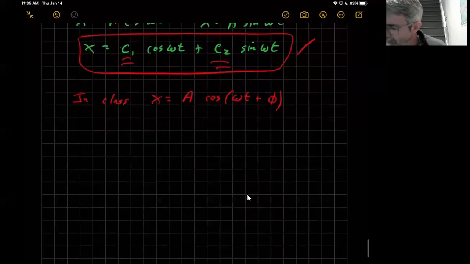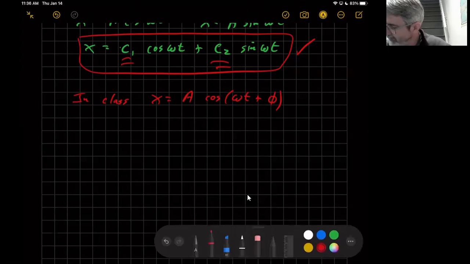Okay, so I'm proposing that what I have boxed in is a solution for an oscillating spring that can work in any case. So let's start with a quantitative example.